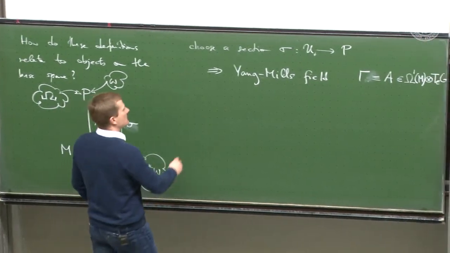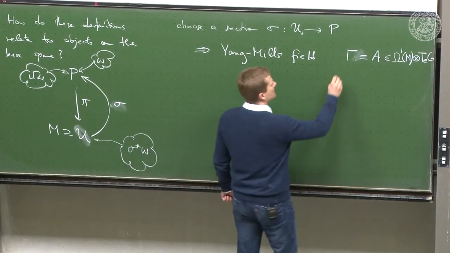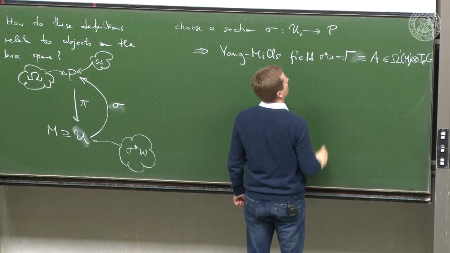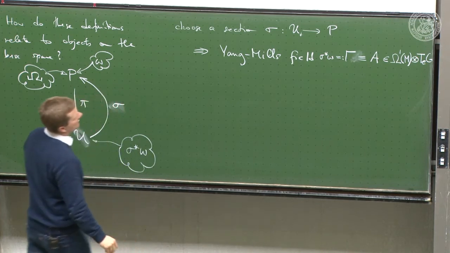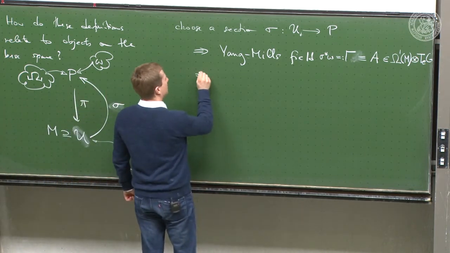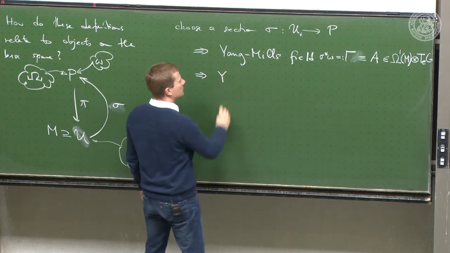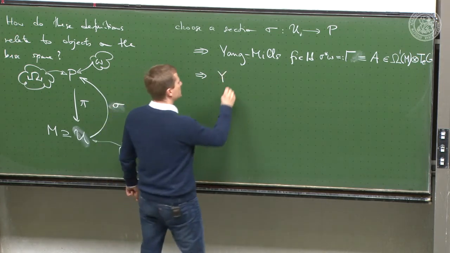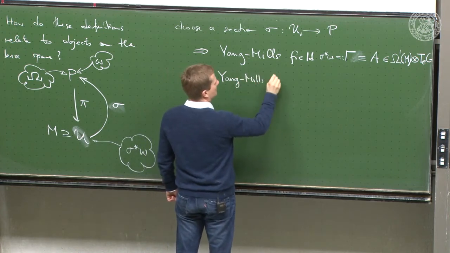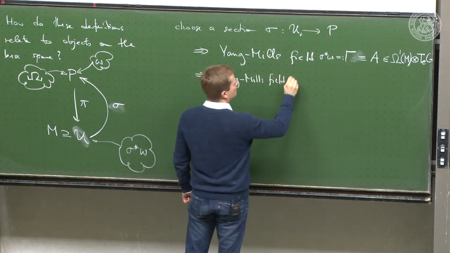And of course, I can do the same thing. So these are defined, on the right-hand side, as the pullback of the connection 1 form. But it also induces a new notion, which I introduce now, and that's the Yang-Mills field strength.